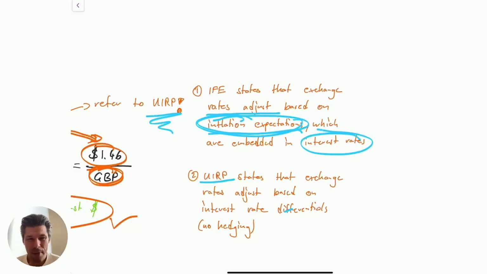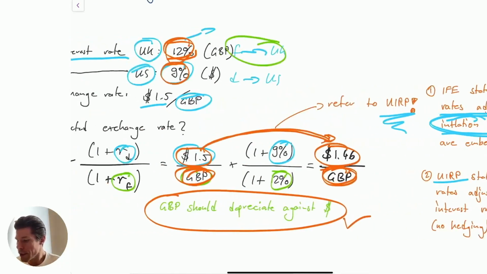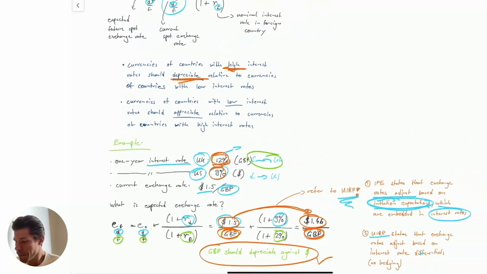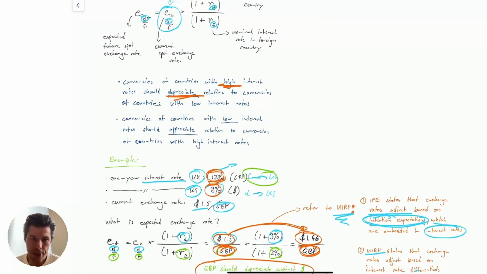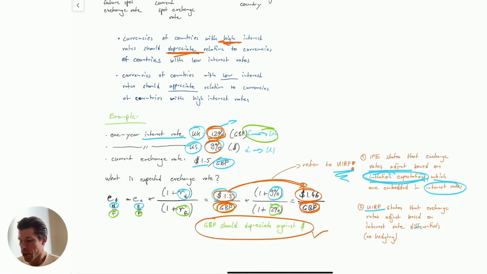Same formula. Good. That's what you need to know. So always, higher interest rates, the underlying concept, higher inflation, which means the currency with a higher nominal interest rate will depreciate, which you can see with this formula.